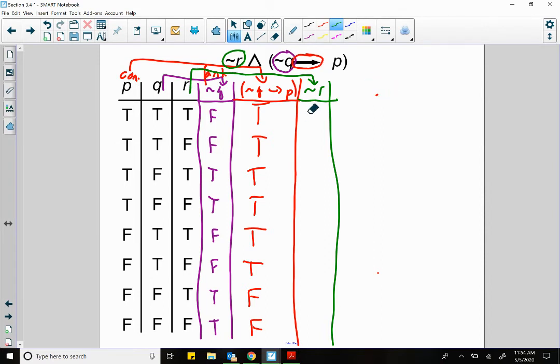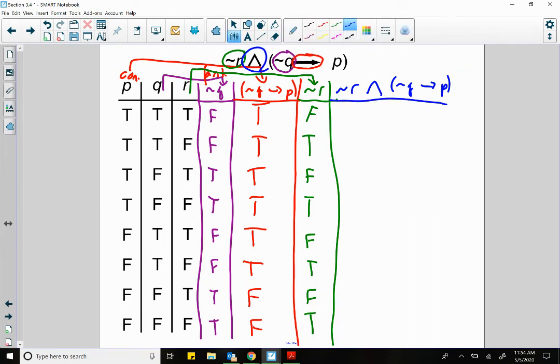So it goes false, true, false, true, false, true, false, true. And now you only have one symbol left to deal with, and that is the and. Okay? So we're going to negate R and negate Q, arrow, P, parenthesis.